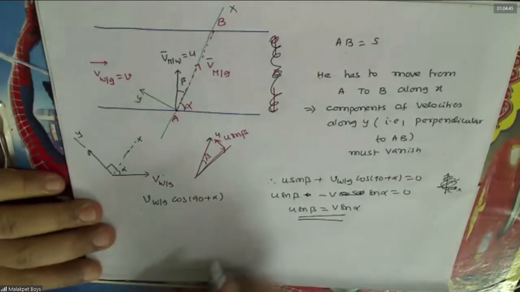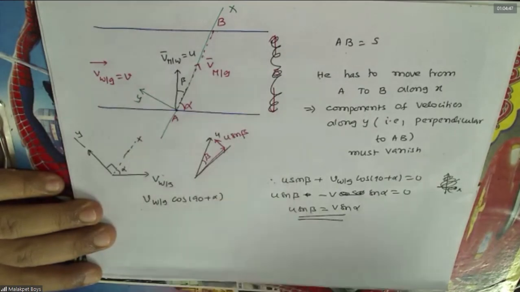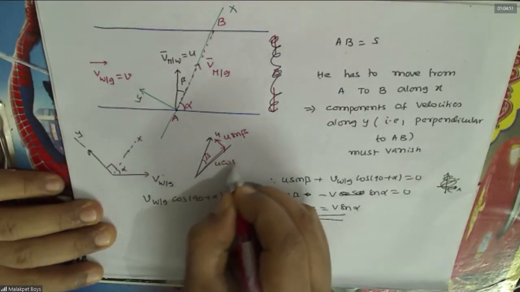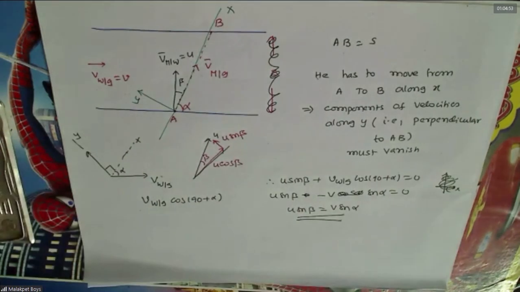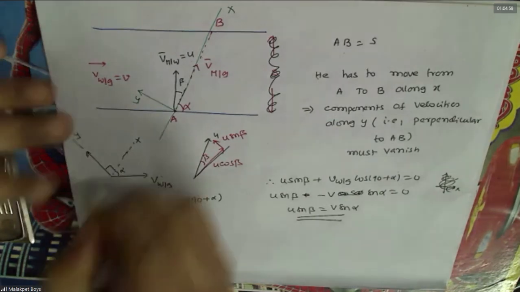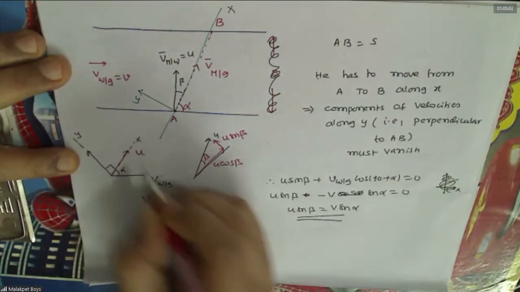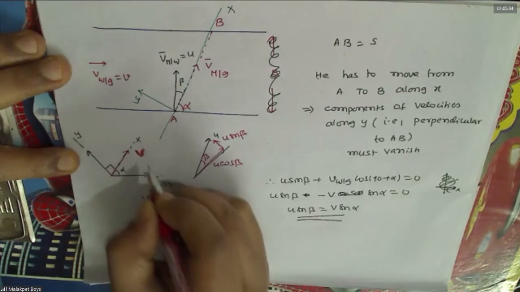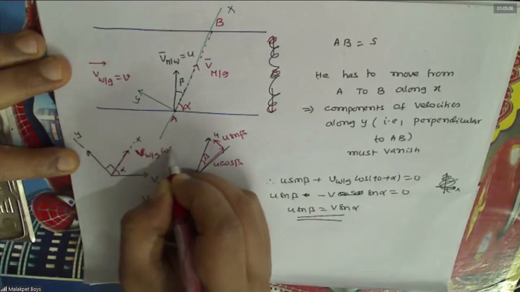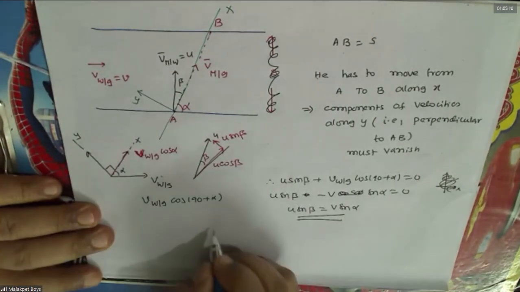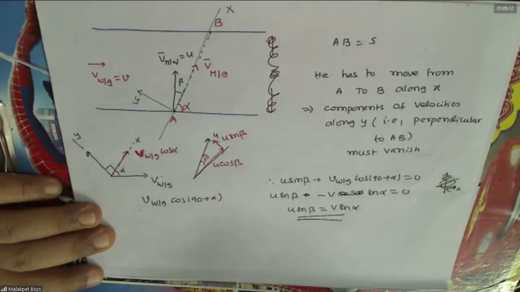That means what is the resultant velocity? This is what you got: U cos beta. Okay. And along this, what you have is V cos alpha. Do you agree with this or not? So what is the resultant velocity along the river flow you have to find?